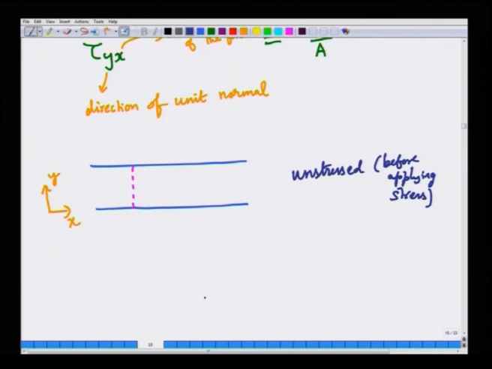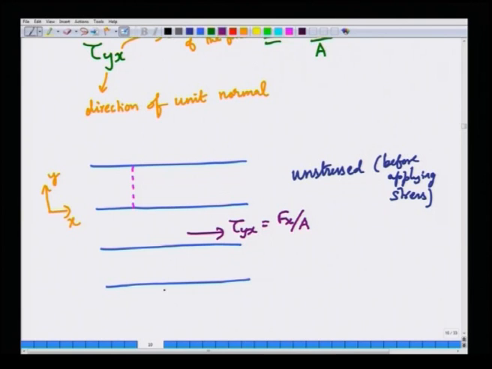Now, I am going to draw the evolution of these points, the set of points upon application of a shear stress, okay, tau y x is F x divided by A. What will happen to these points? Let us assume that the bottom plate is stationary. Okay. And the material is rigidly bonded to the bottom plate.